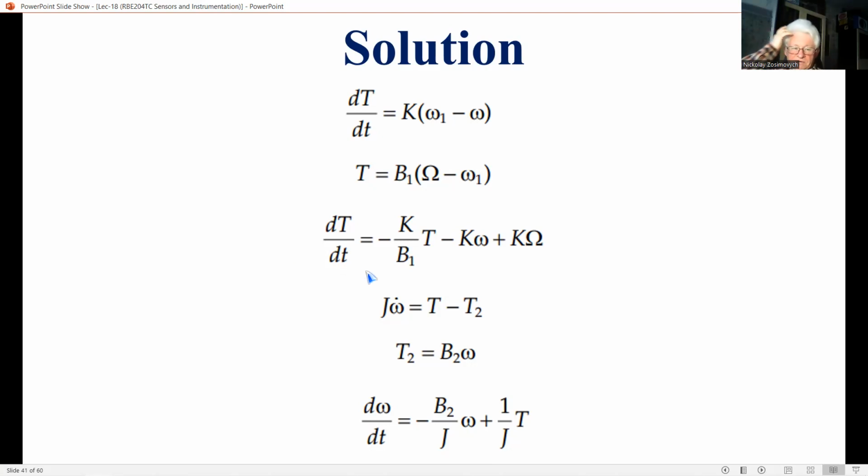The constitutive equation for inertia J is represented by the next equation here. And the constitutive relation for damper B2 is represented by this simple equation. Substituting equations 5 and 6, we get the second state equation at the bottom here. d omega over dt is proportional to minus B2 over J times omega, plus 1 over J times T.